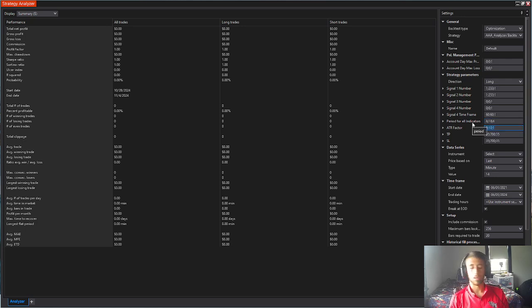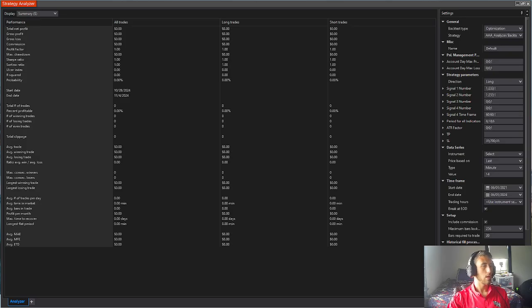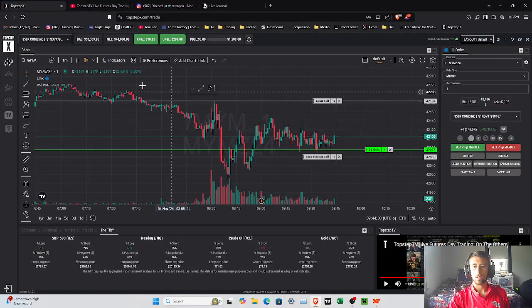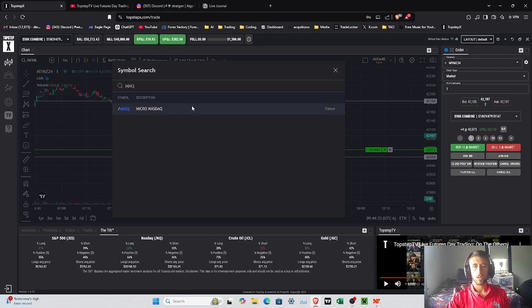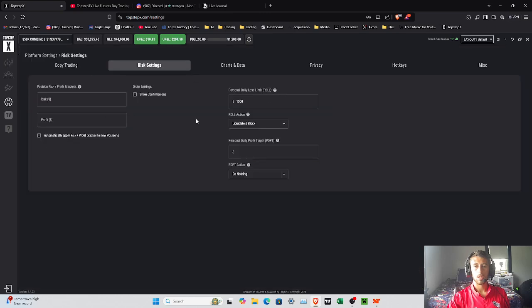ATR factor, no, we don't want, because that will edit the size of our stop loss. Then TP, yeah, let's make this for MNQ. So it's like a normal couple candle sizes.